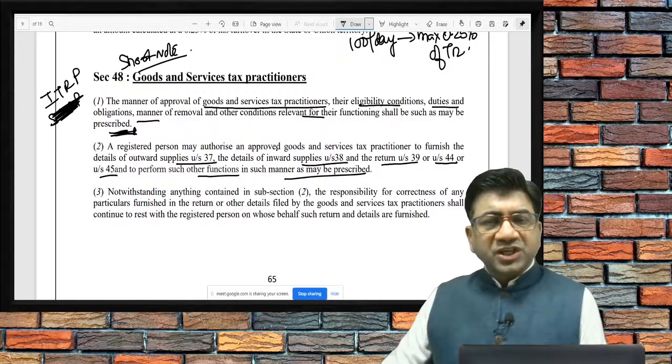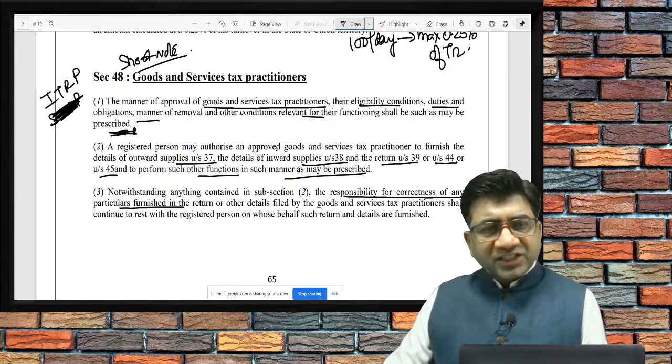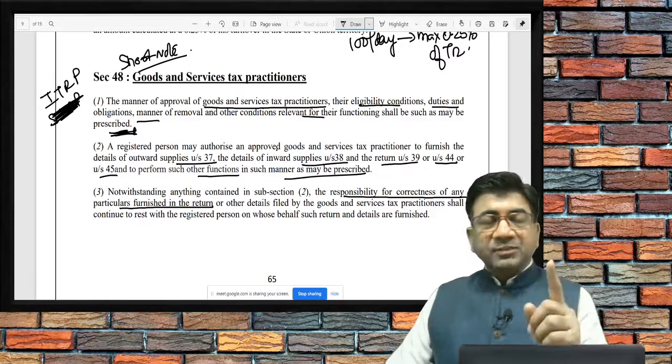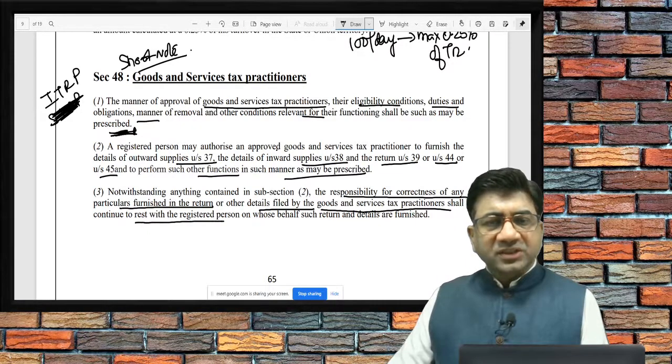Notwithstanding anything contained in sub-section 2, the responsibility for correctness of any particulars furnished in the return, अगर डेटा गलत पाया गया in the return or other details filed by the GSTP, shall continue to rest with the registered person on whose behalf such return is furnished.